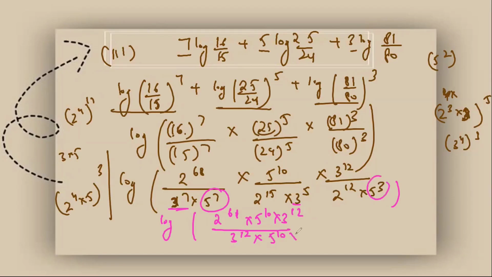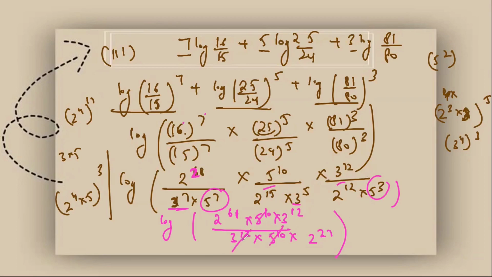So it's 5 raised to the power 10 and we have 2 raised to the power 27, right? Let's see, some mistake should be there. Sorry, it's 28, right? Because 2 to the power 4 times 7 is 28.